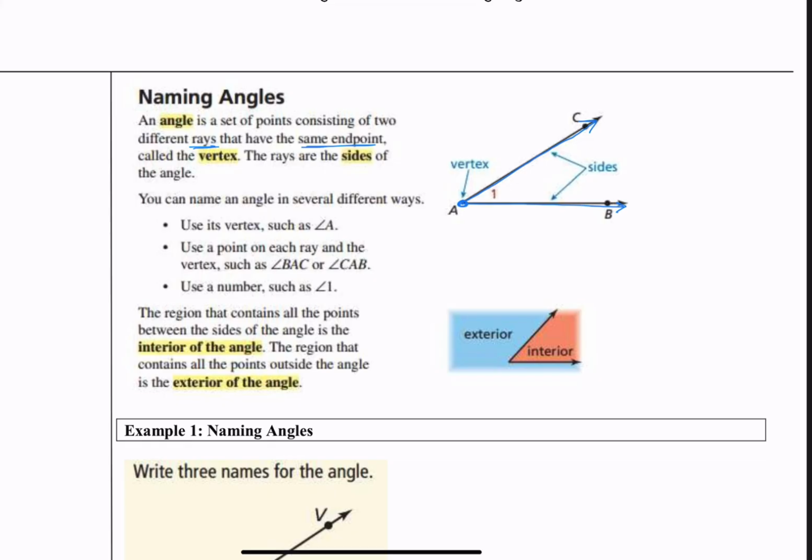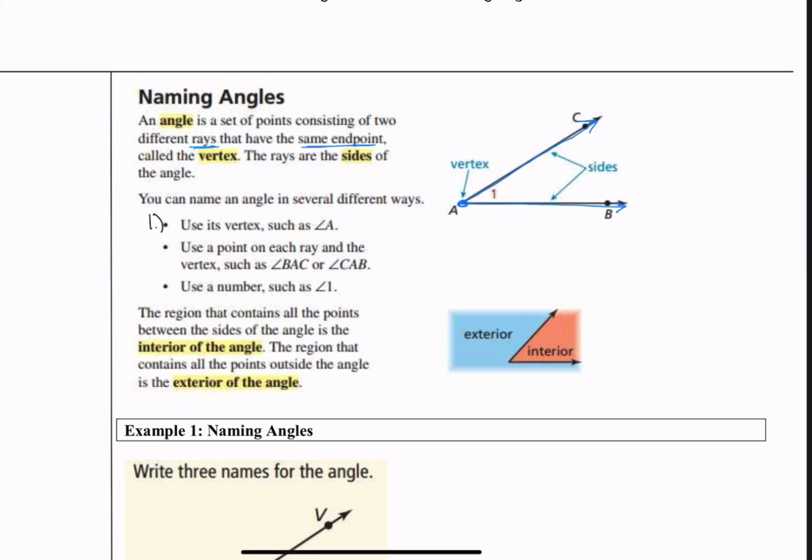Now, you can name an angle in several different ways. Just like we could name a plane different ways, we could name a line different ways, we can also name angles in various ways. So one way to name an angle is to use its vertex. So I'll put a number 1 here.